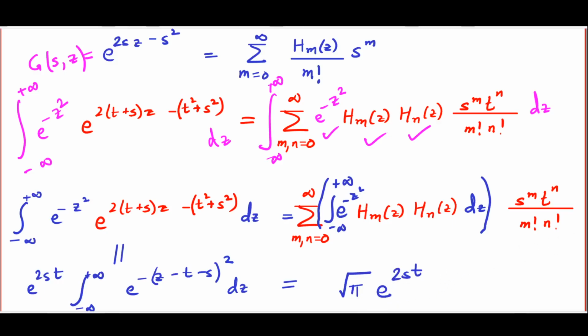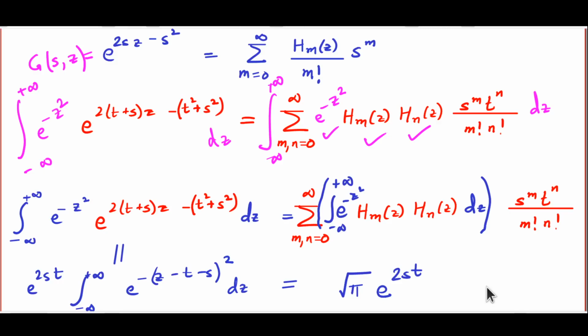And why is that useful? Well, this expression is a double power series in both s and t. So if we just write this expression here, which is a function of s and t, we should be immediately able to read off the value of the coefficients, from which we should be able to read off what this integral is going to be. In fact, even without doing anything further, I can immediately see that since e to the 2st is a function of the product st, if you expand this out using the standard exponential expansion, you're only going to get equal powers of s and t.